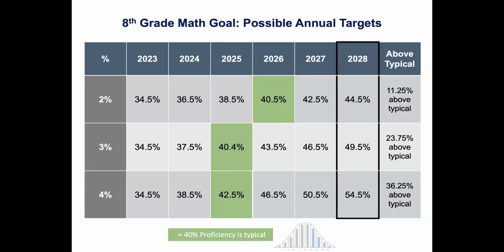Reach for the stars. I'm just wondering, these are even annual targets. I'm not talking about reading right now, but we know, for example, there is an implementation dip, right? I feel like there's a rate of change that is not steady. It's not linear when you adopt a new reading curriculum.